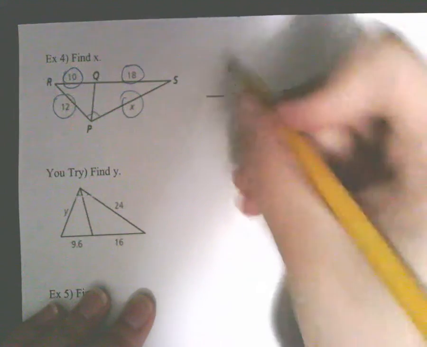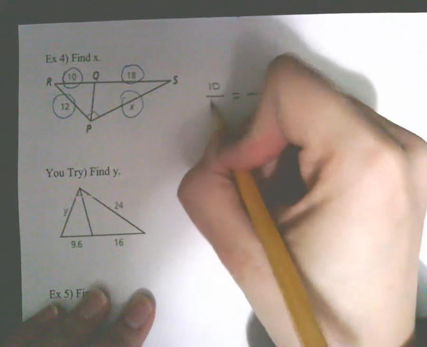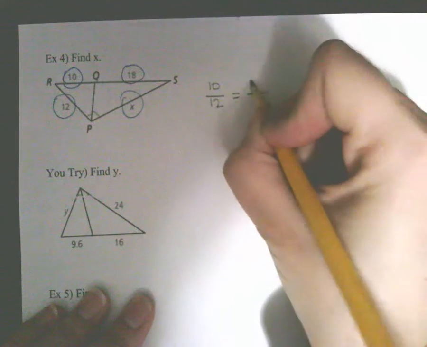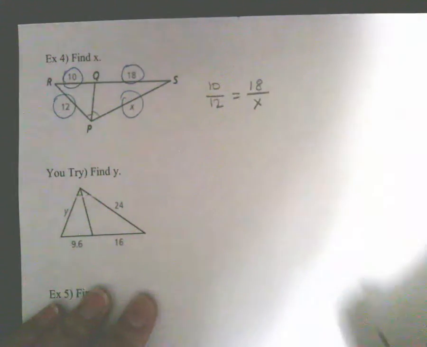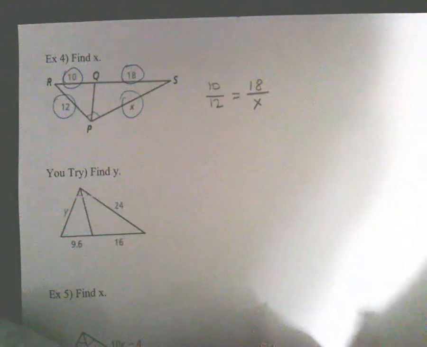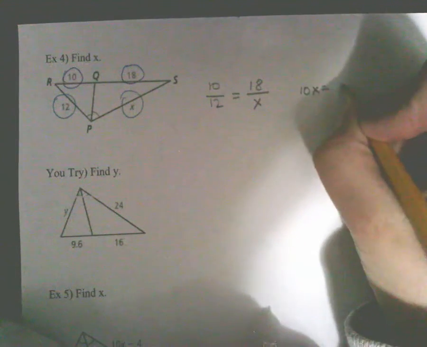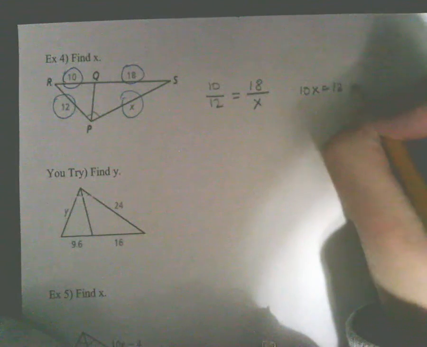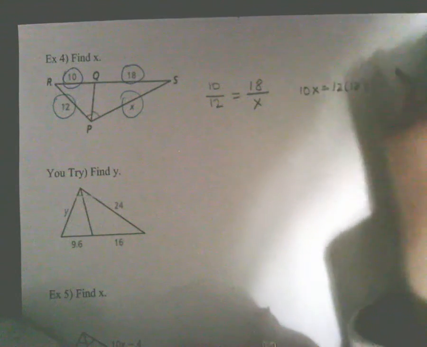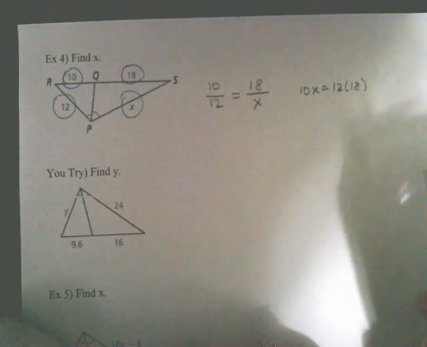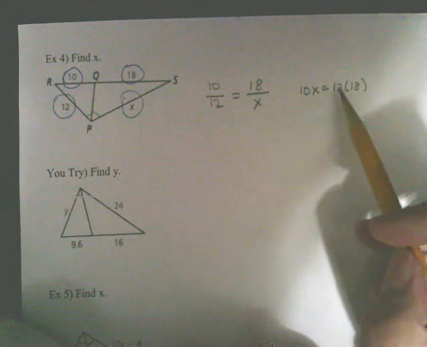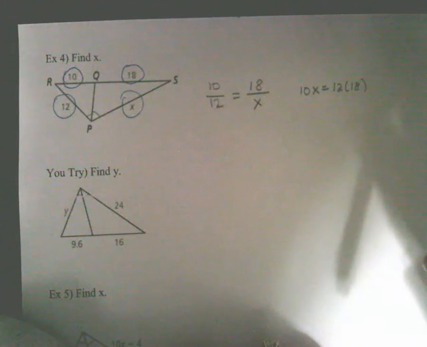The ratio of 10 over 12 is going to be equal to the ratio of 18 over x. If we solve that, we get 10x equals 12 times 18, and 12 times 18 is 216.